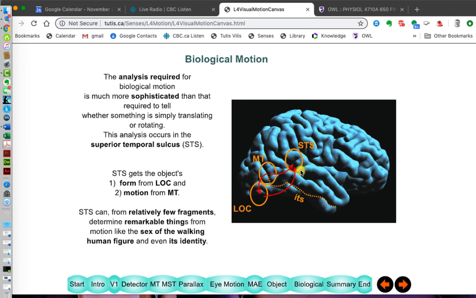And that area not only does things like look at what the gait is from a few lines, it's also very good at lip reading. So it can sense which way your lips are moving. And if you were to be deaf, you could still make out the words from the way the lips move.